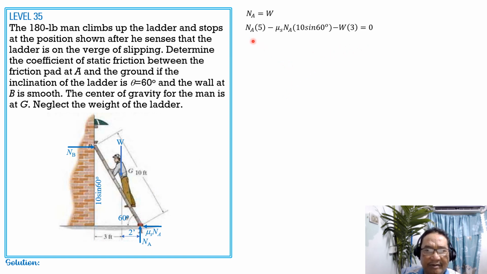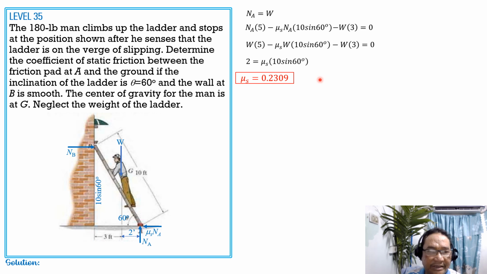So since NA equals W, substitute, so W times 5 minus mu sub S W quantity 10 sine 60 degrees minus W times 3 equals 0. Cancel out W, combine like terms, 5 minus 3 is 2, then transpose this to the right, so 2 equals mu sub S times 10 sine of 60 degrees. So from here we can compute mu sub S, which is equal to 2 over 10 sine 60 degrees, and that is equal to 0.2309. So that's it for this problem.